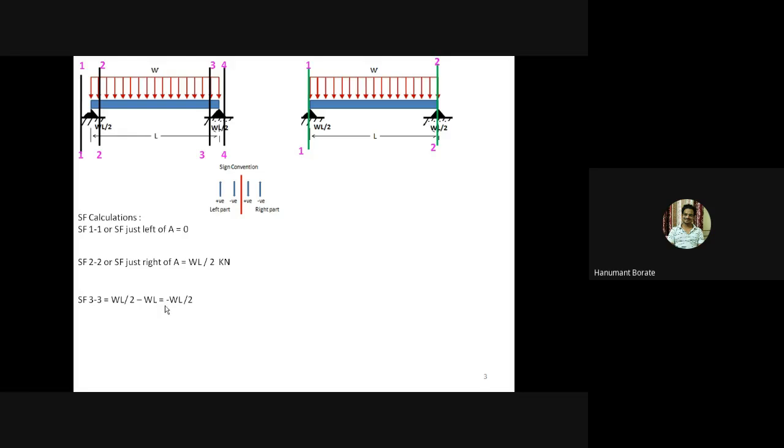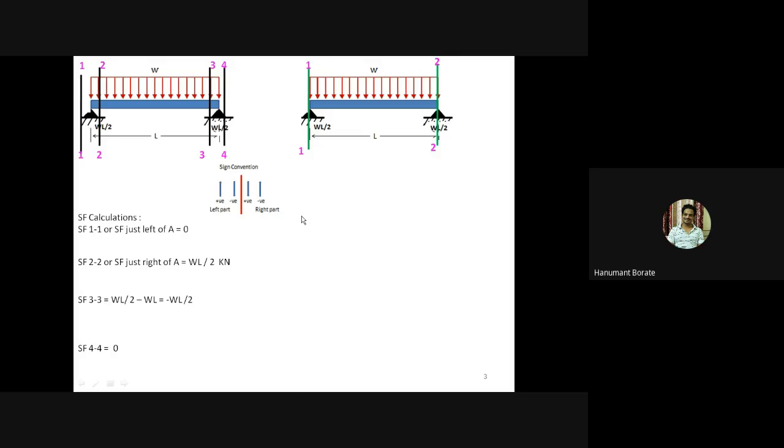Okay, so finally we'll get SF at section 3-3 equal to minus WL by 2. Okay, and at section 4-4, value of SF equal to 0, because if we consider right part of this section 4-4, there is no beam region, so we can say directly SF at section 4-4 equal to 0.